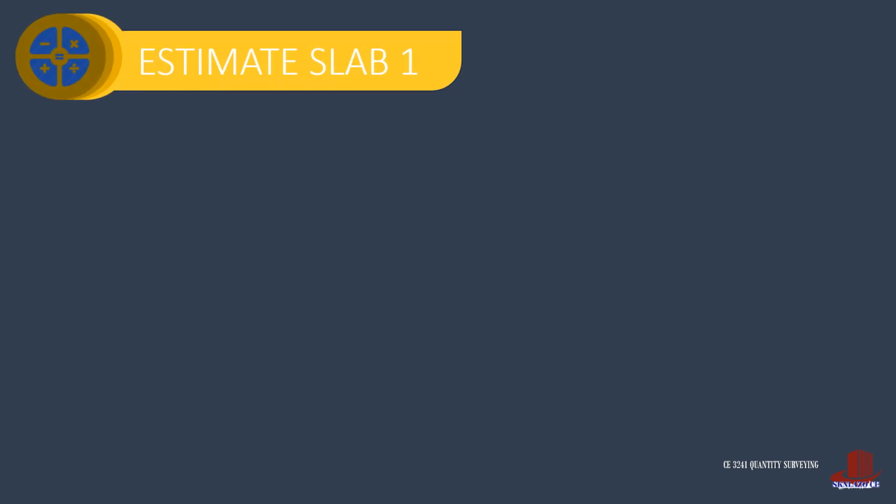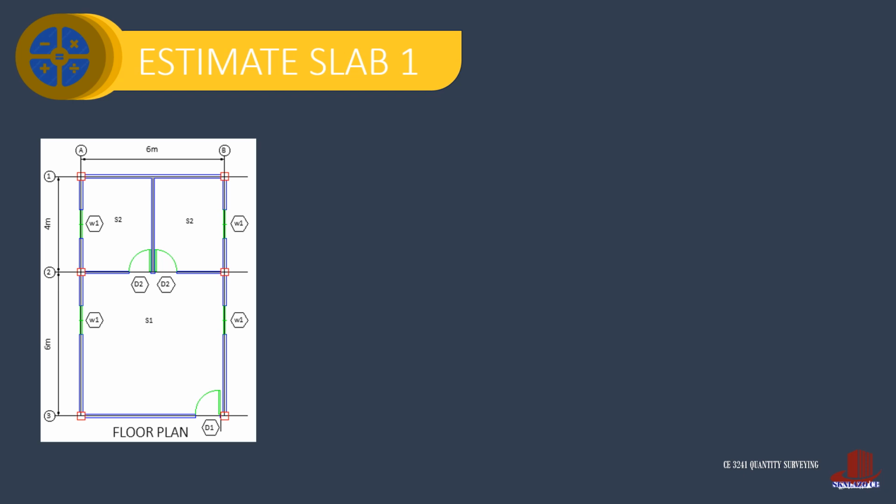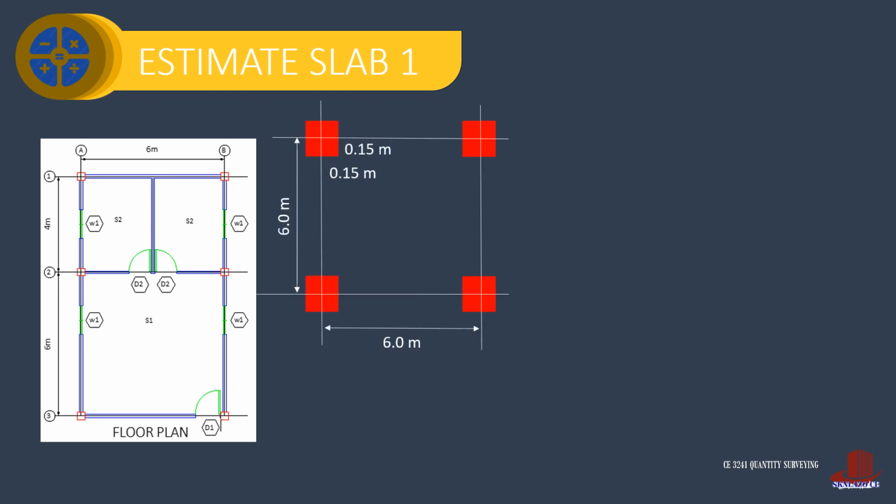We are down to the slabs. For slab 1, we approach dimensions using areas instead of lengths. The area to be concretized is 6 by 6. However, we need to take out a part of the columns, that is 0.15 by 0.15. The total area is then 6 times 6 less 4 units of 0.15 by 0.15.